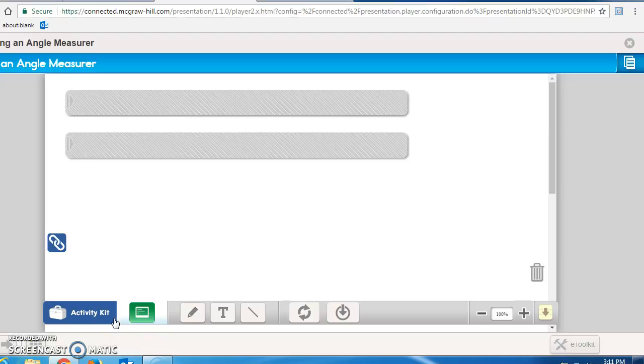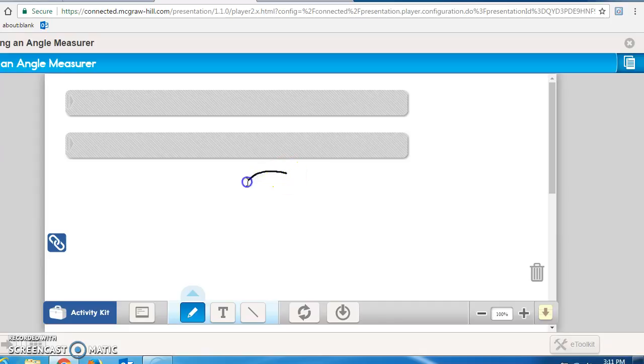So, looking at an angle and how to measure it. I already have made the circles that you're going to use to measure the degrees an angle is spread, but I'm going to explain it to you now.